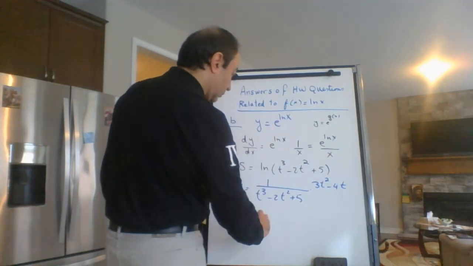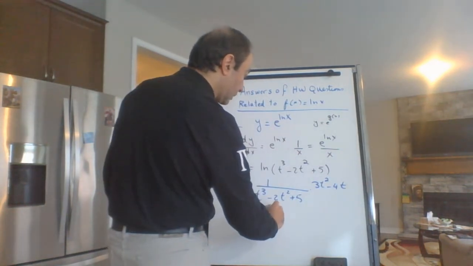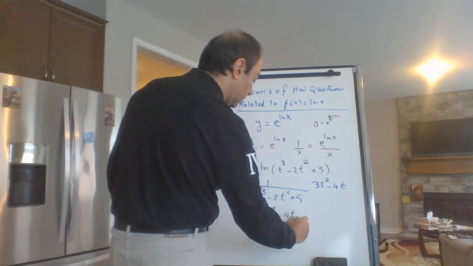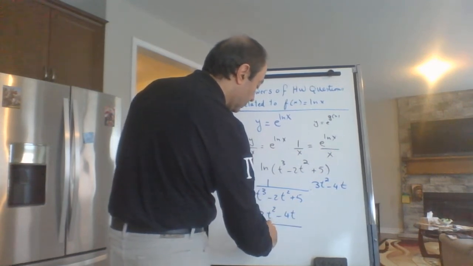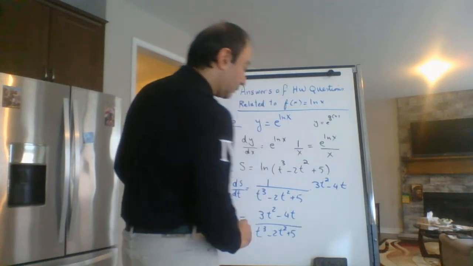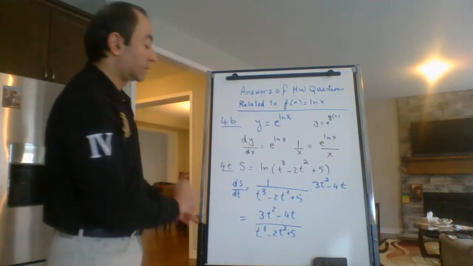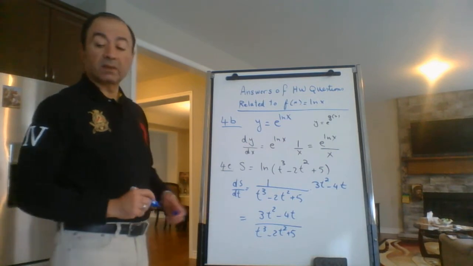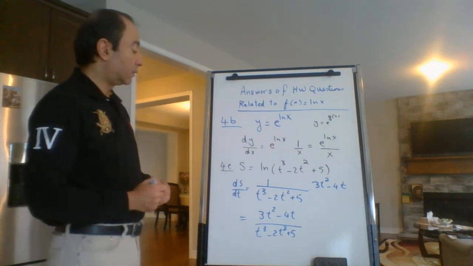Then we can write this as 3t squared minus 4t over t cubed minus 2t squared plus 5. Okay, this is the derivative of 4e.